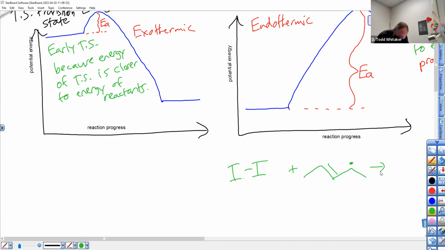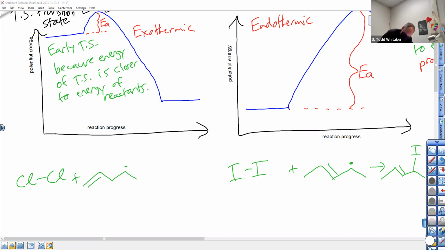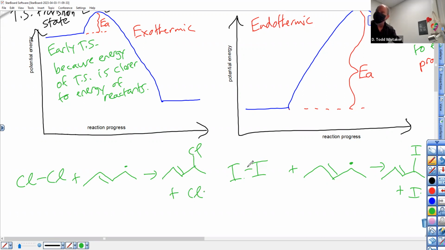And that's going to give... we'll get the numbers in a second. And this one I'll do ClCl plus the same molecule. No, that's not the same molecule. And plus I dot gives Cl plus Cl. Can you get me the numbers? I need Cl, Cl, and II.